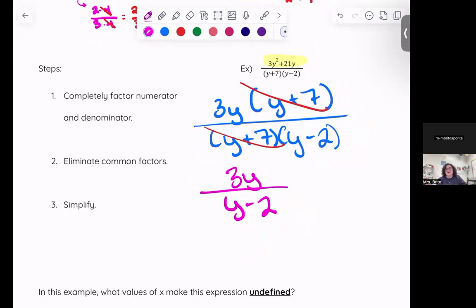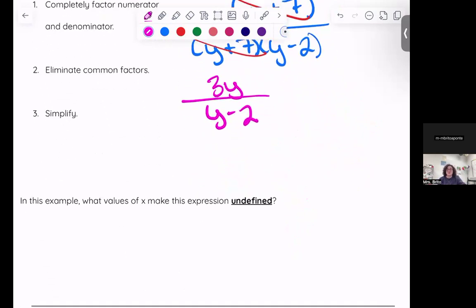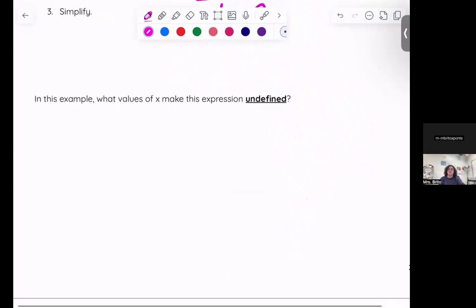The next part that we skipped over in Algebra 1 that we do need to talk about in Algebra 2 is when these kinds of things are undefined.